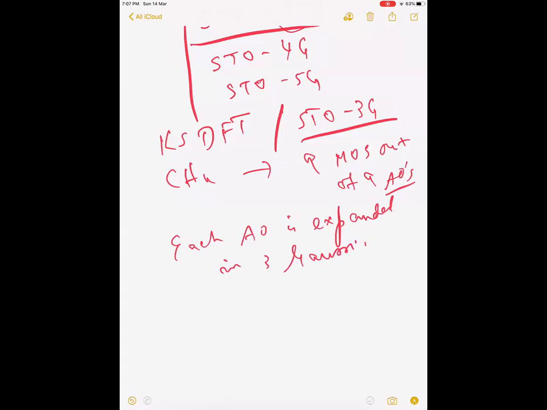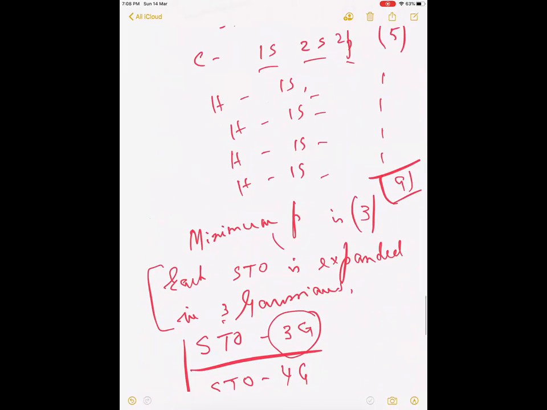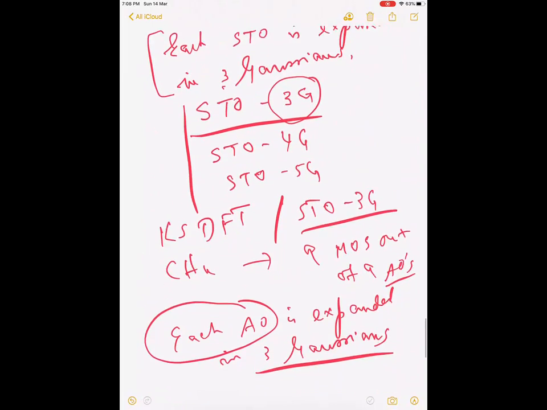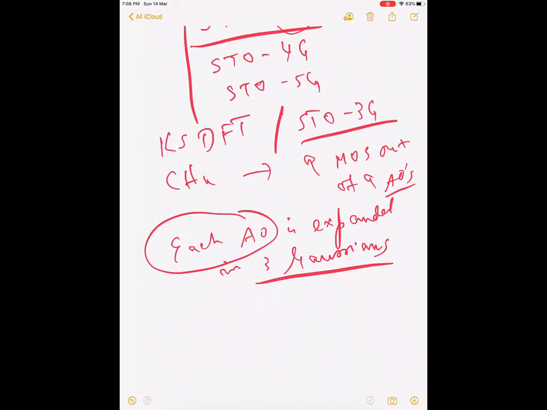But remember, this expansion is only to give a good quality atomic orbital. It does not change the number of basis functions. I'm again repeating, that is determined by the number of Slater orbitals, not by the number of Gaussians used to expand them. So STO3G has 9 MOs. If I do the same calculation with STO4G, how many MOs will there be?